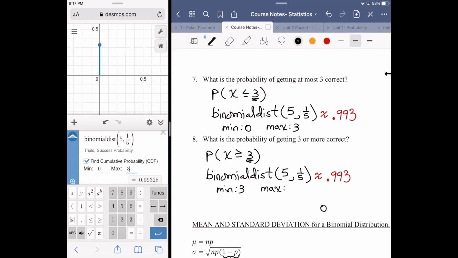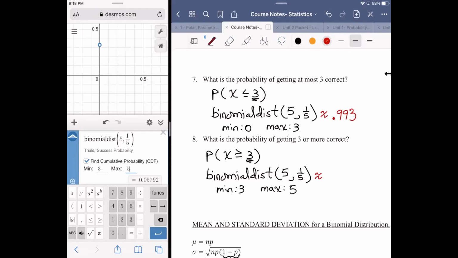If x is greater than or equal to 3, there is a cap to how far you can go. You can't get more questions right than there are. There's only 5 questions, so my maximum would be 5. So I would min it out at 3 and max it out at 5.